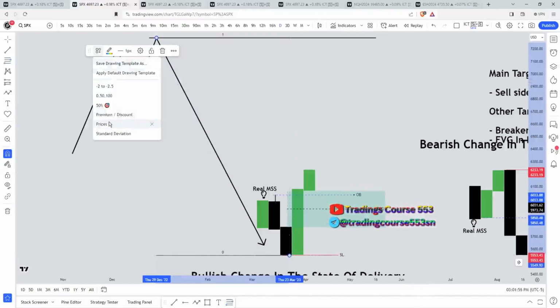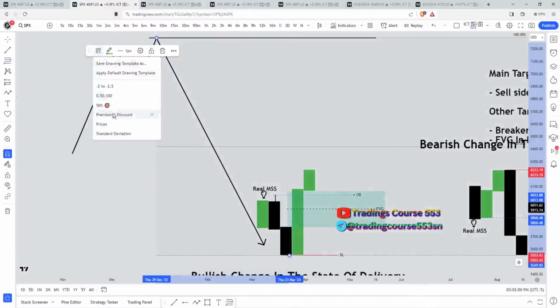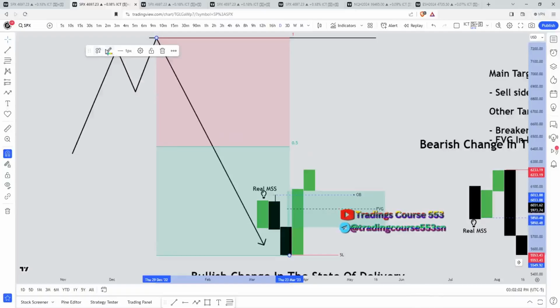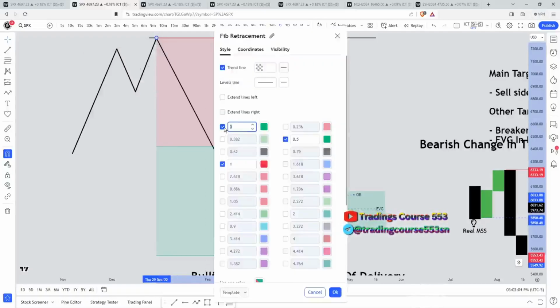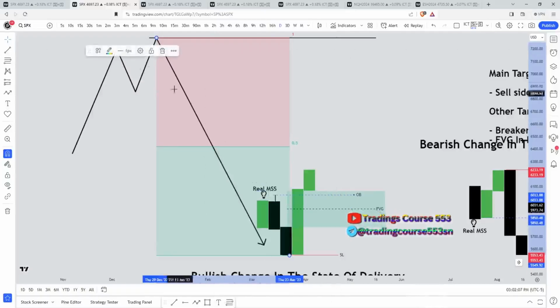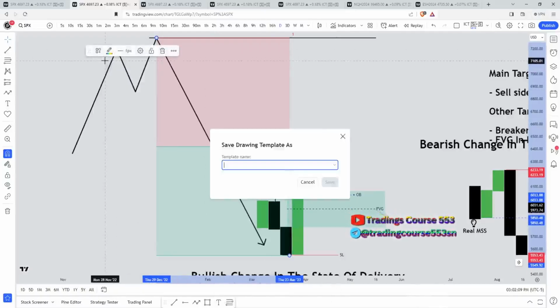All you want to focus on is 50%. So I'm actually going to do premium discount. I just have a preset. All you need to do is click on 0, 1, and 0.5. And once you have that, you can click Save Drawing Template, label it premium and discount, and click Save.